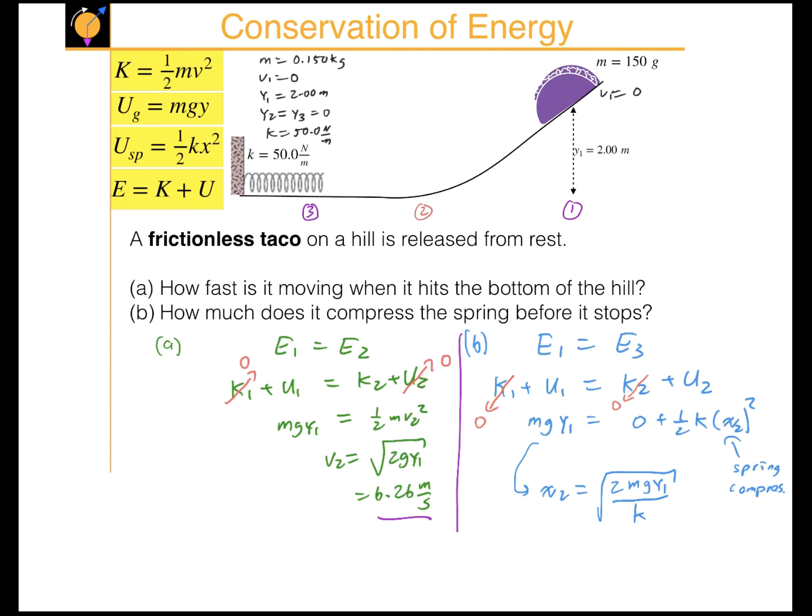And now when I plug all the numbers into this, I get 0.34 meters, or about 34.3 centimeters. So that's another example of using conservation of energy, where you have 2 different types of potential energy and kinetic energy at 3 different points, and you can apply conservation of energy at all these points.